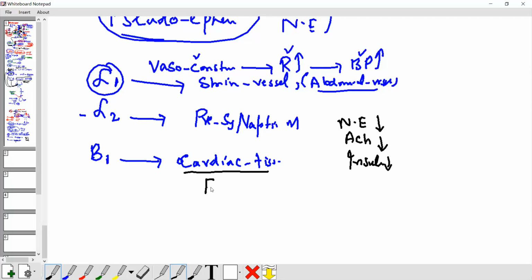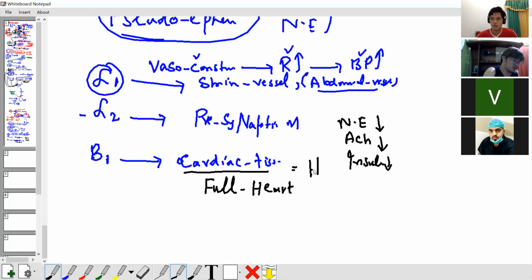On the full heart, also on the node, also on the conductive system, also on muscle. Beta 1 is present all over the heart. It increases heart rate and the force of contraction; all increase.